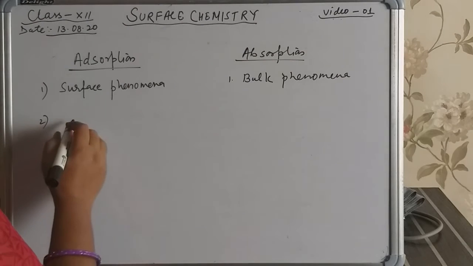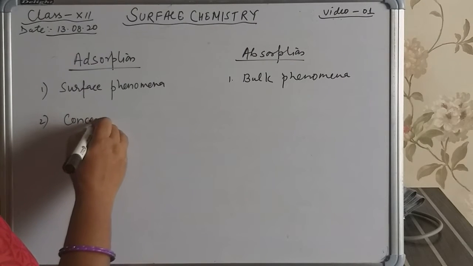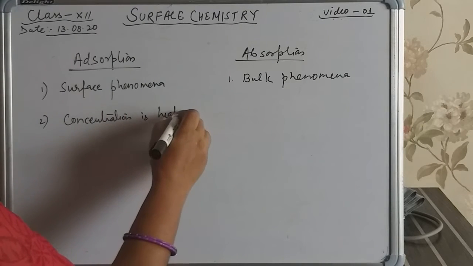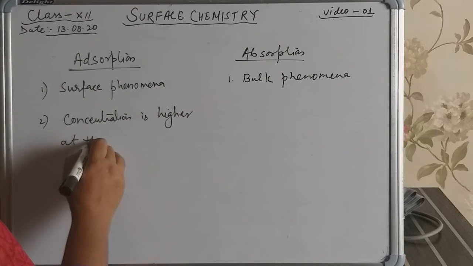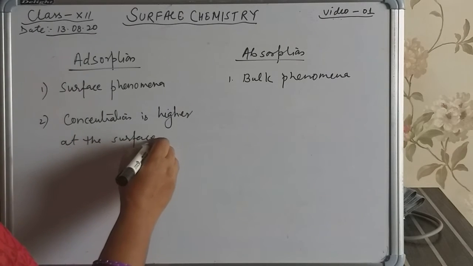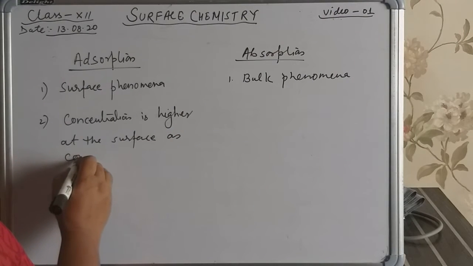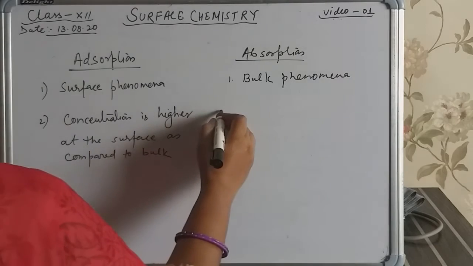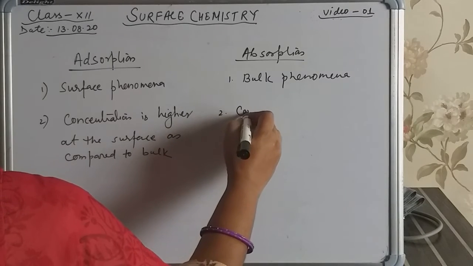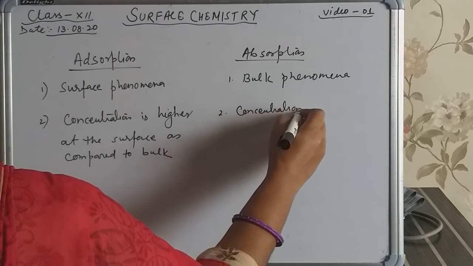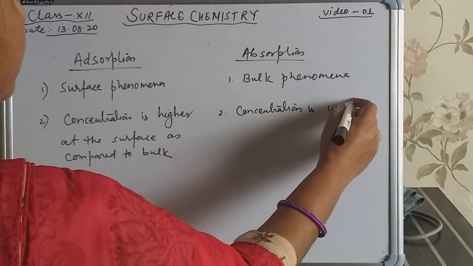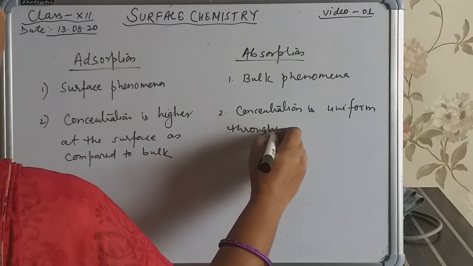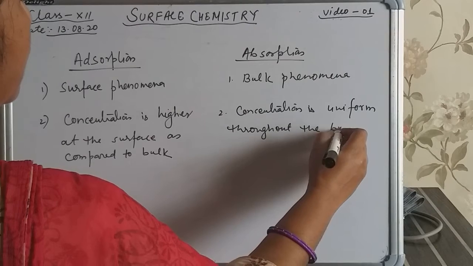In adsorption, concentration is higher at the surface as compared to the bulk. But in absorption, concentration is uniform throughout the bulk.